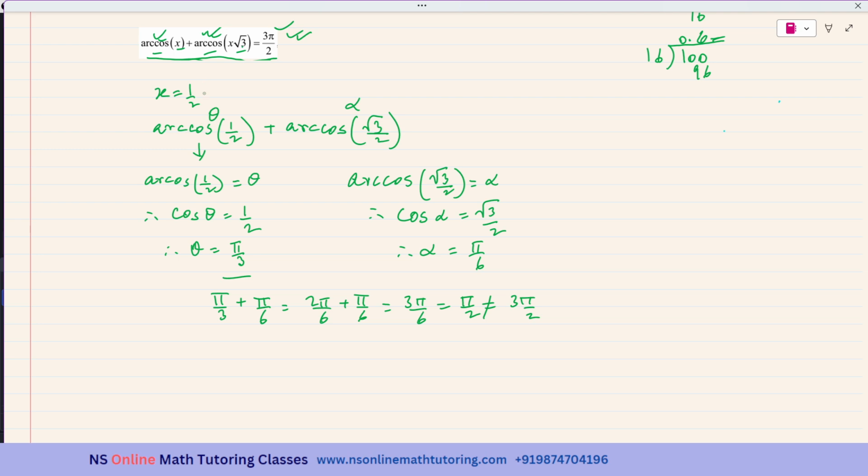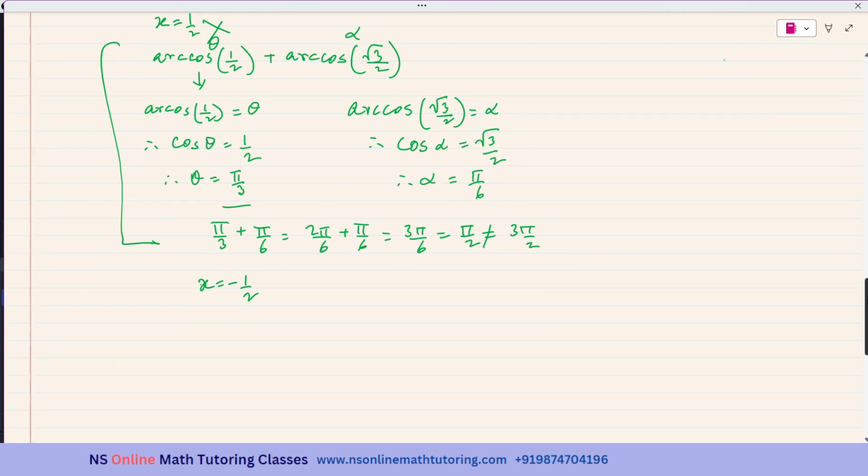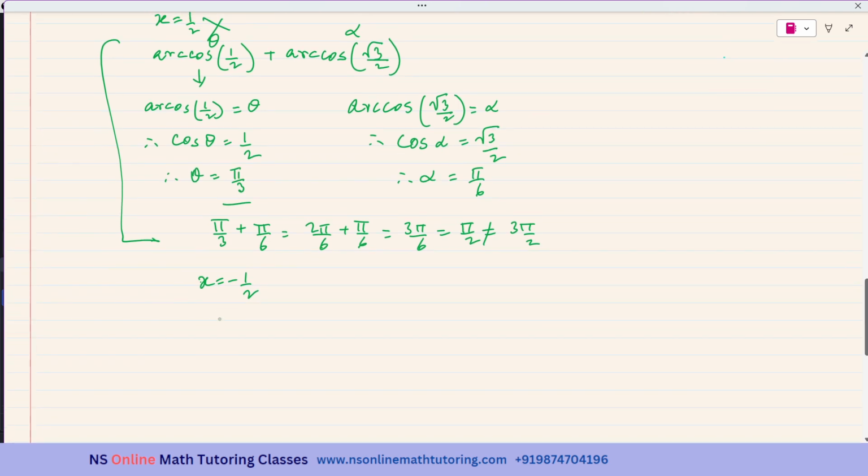So we cannot take x equal to half. You have to show this. Now we take x value as negative half and we do exactly the same thing again. This time I'm directly writing this one.